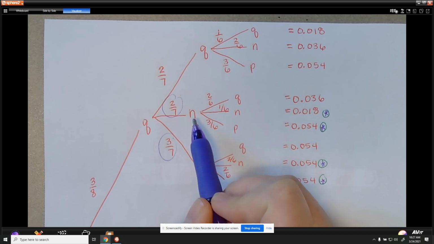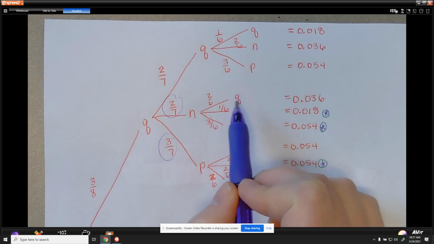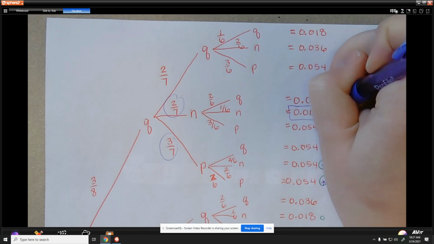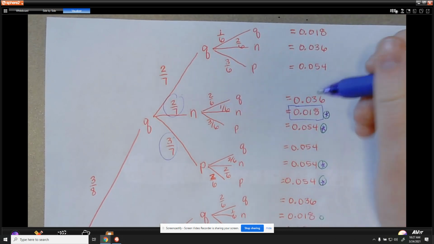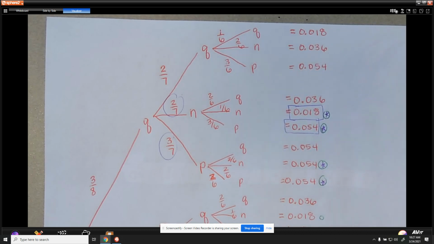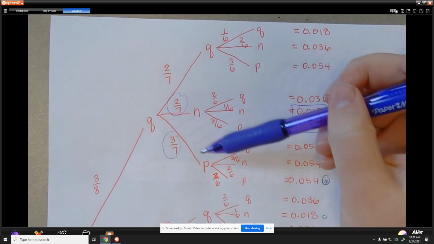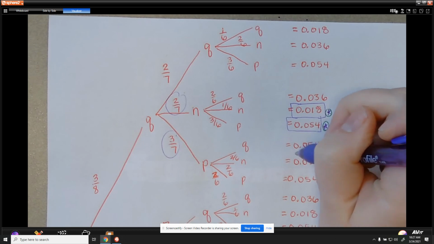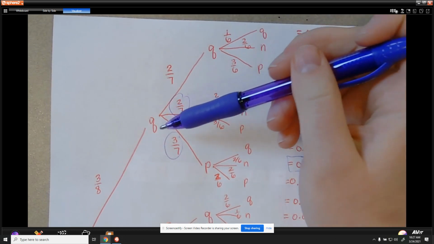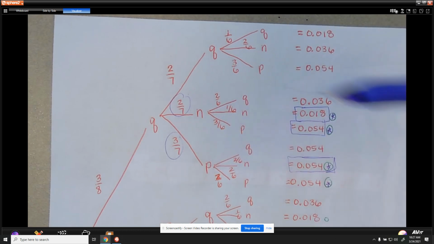Next one could be a nickel. That works, right? But then I cannot draw another quarter because the condition is the next 2 are not quarters. So can't do this one. We could do this one, right? Go quarter, nickel, nickel. We could go quarter, nickel, penny. We could go quarter, penny, nickel. We could go quarter, penny, penny.